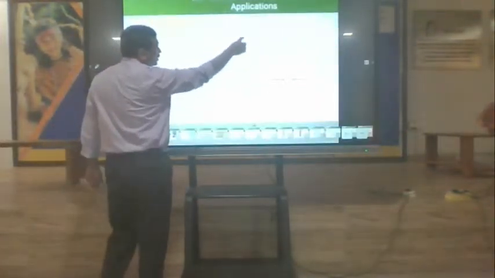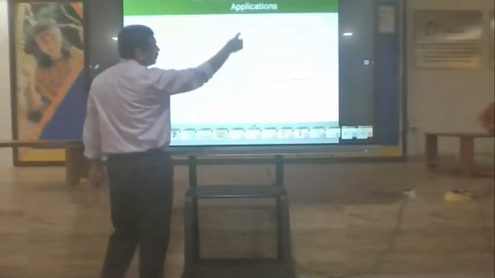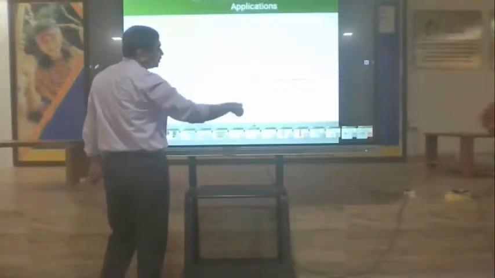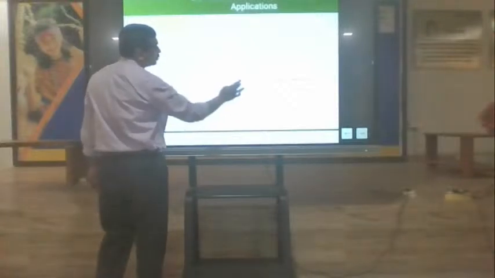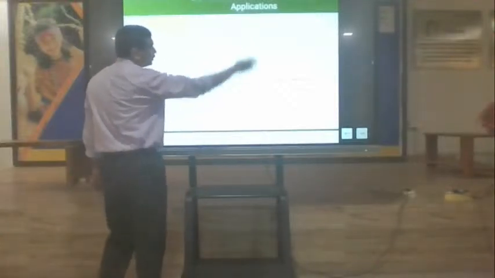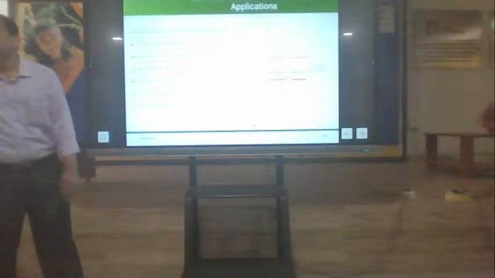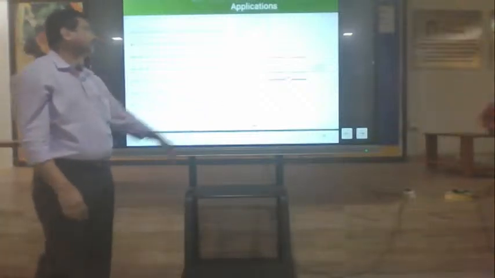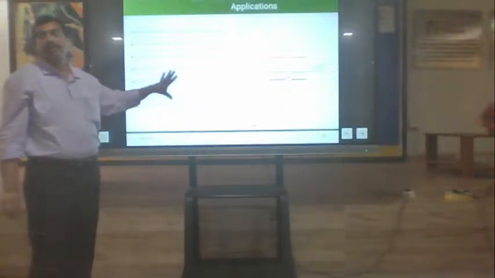MPPT, each one is a DC-DC converter. So how many DC-DC converters are there in this? We have got 1, 2, 3, 4, 5, 6, 7. This has got 7 inputs.